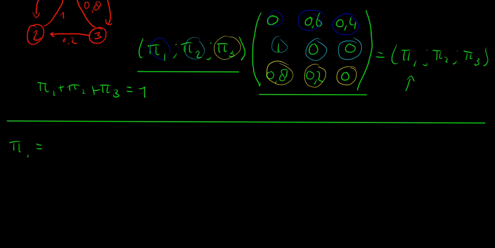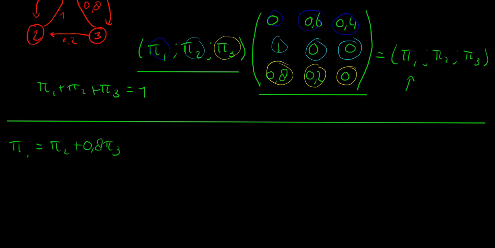So for our first value, we see that we get 0 times pi 1, 1 times pi 2, and 0.8 for pi 3. So let's write that down. Pi 1 is equal to pi 2 plus 0.8 pi 3.